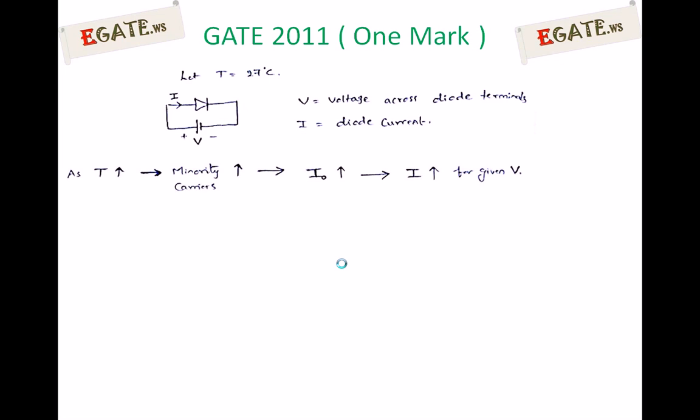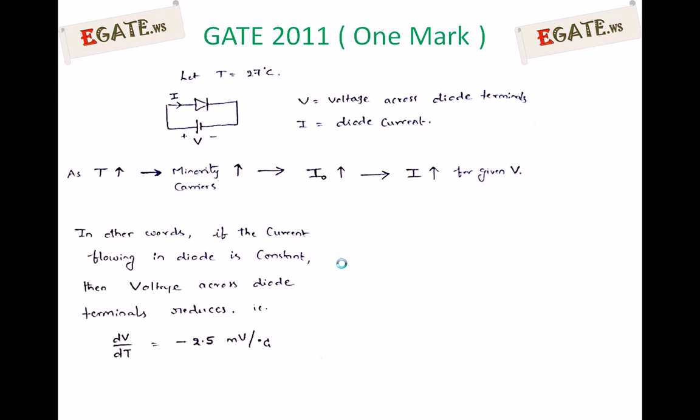So when a diode is forward biased by a constant current, even though the temperature increases, the current cannot change, but the voltage across the diode reduces, so you get the same current now for a lower voltage. That is the meaning.